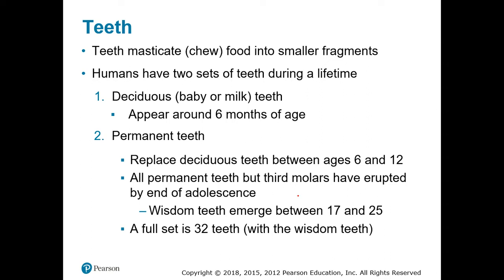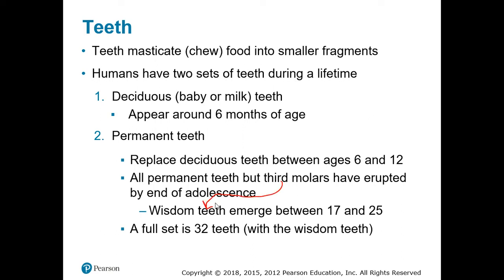Once you get to about 6 to 12, you start losing your baby teeth and getting in more permanent teeth. Usually by the end of adolescence, you have all of your permanent teeth except for your 3rd molars. Those don't come in until about age 17 to 25, and those 3rd molars are called your wisdom teeth.